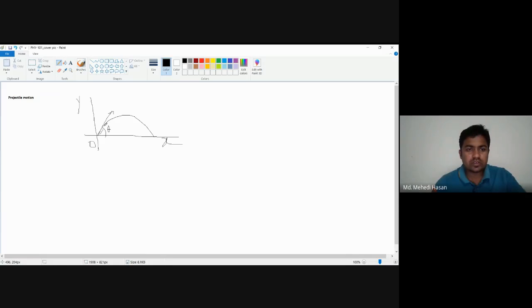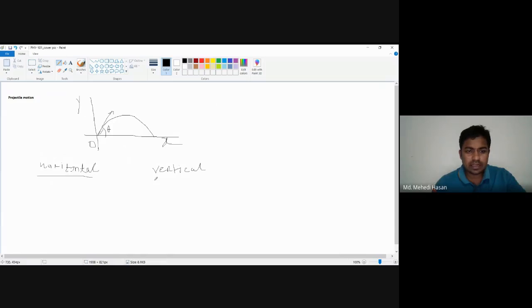Because the motion is two-dimensional, there will be two sets of equations: first horizontal, and second vertical.